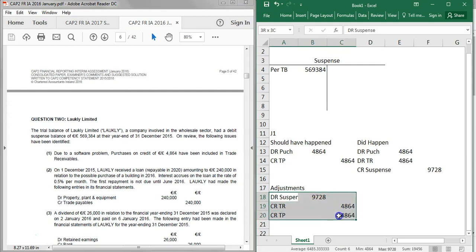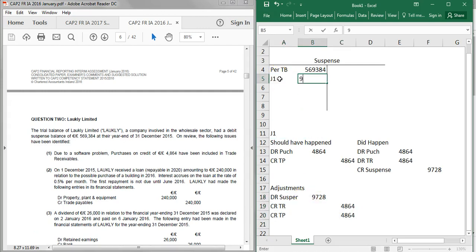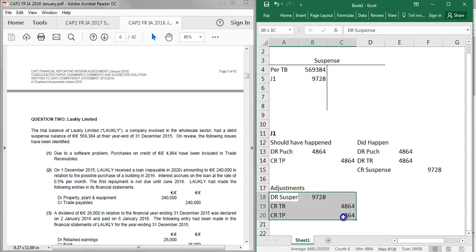And that's our adjustments here. And of course what we're interested in is there's journal 1, 9728 on the debit side. So that's slowly helping us explain the balance of the suspense account. So that was our journal 1, taking the 3-step approach. And again, in the answer booklet, what they're looking for is this answer here.